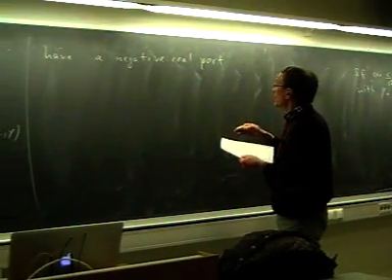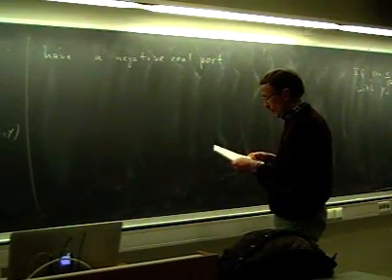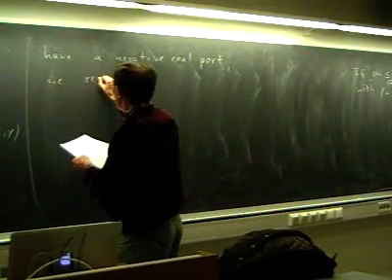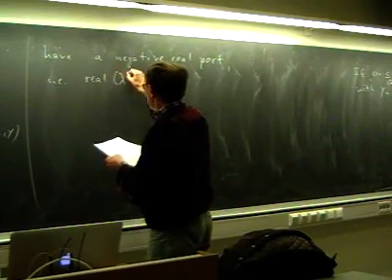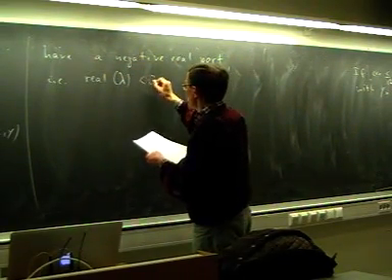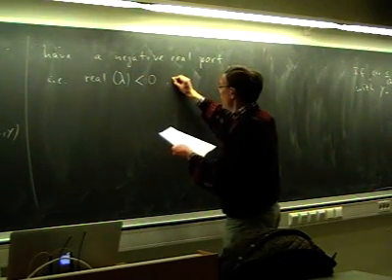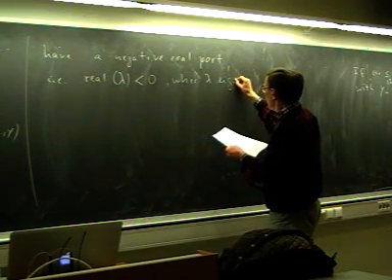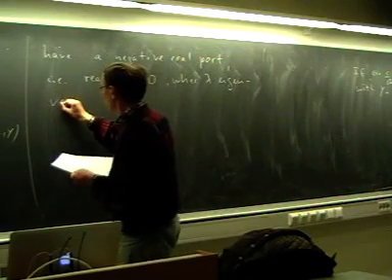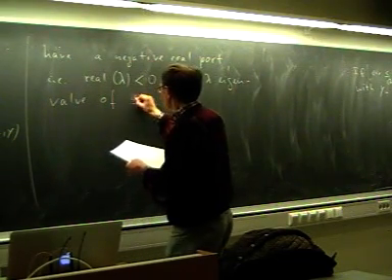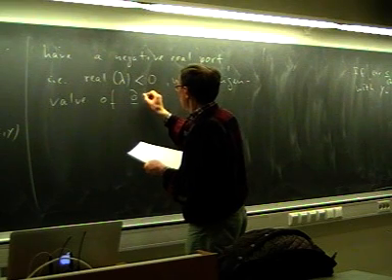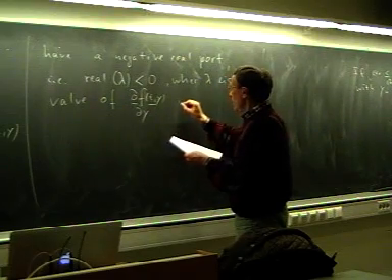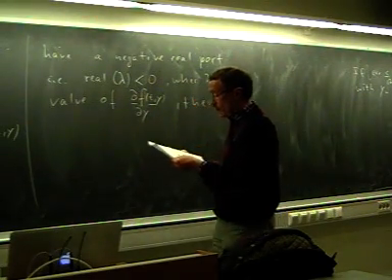So if the real part is negative, so that means that the real part of the eigenvalue lambda is smaller than 0, where lambda is an eigenvalue of this Jacobian matrix, then the ODE is stable.